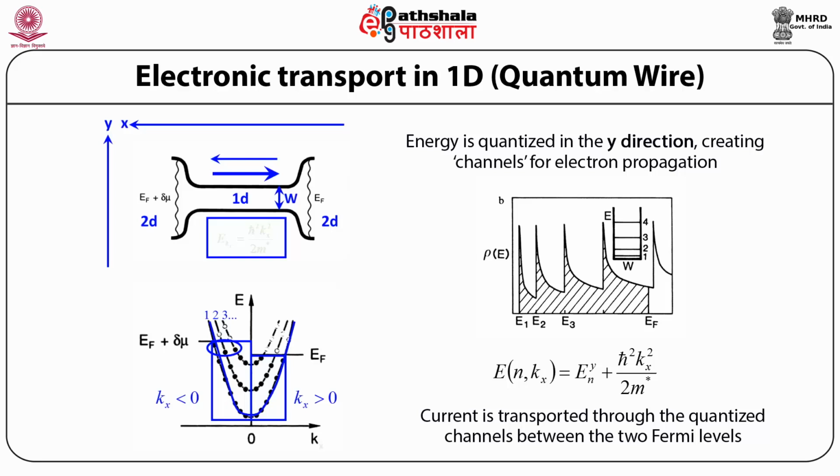According to Ohm's law, the R is related to the cross-sectional area A and the length L by the relation R is equal to rho L by A. So students, this figure shows the schematic of the current conduction through a conductor in the different dimensions. That is, in 3D, the length of the conductor is more than the inelastic mean free path L phi. Hence, the conduction is diffusive.